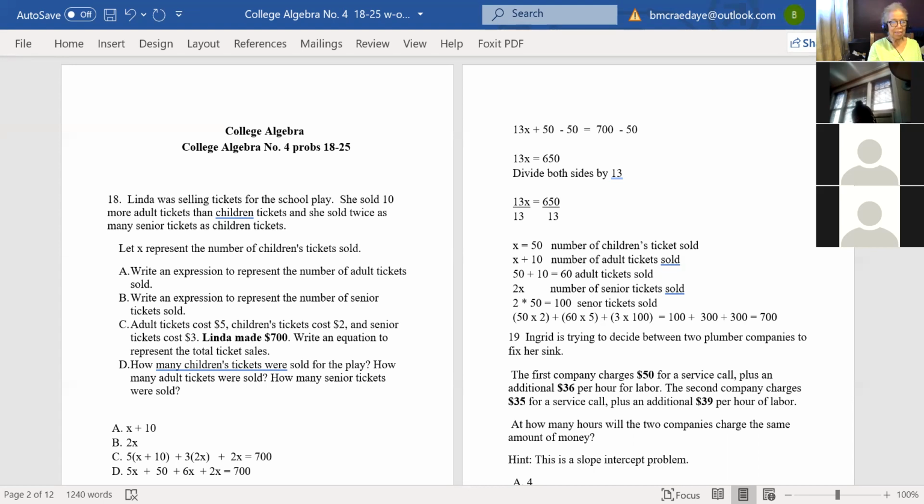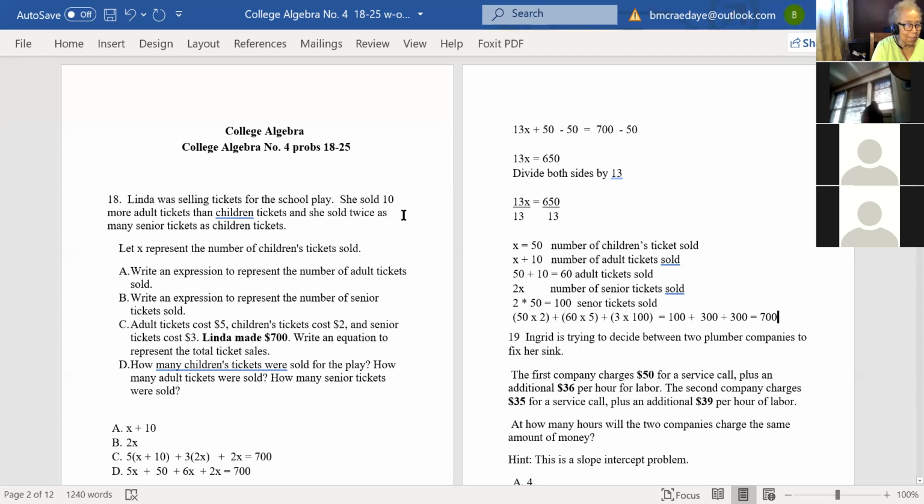Any questions on 18? You notice it's easier to do when you break it down in steps. X number of children, adults sold 10 more, so that's X plus 10.